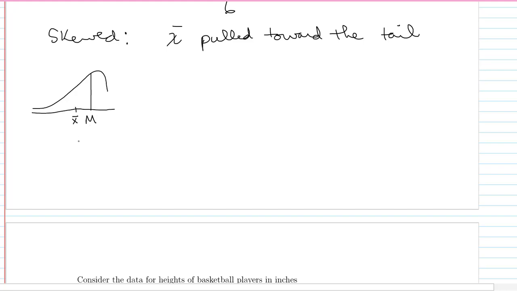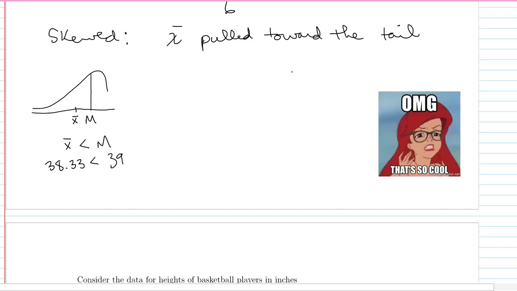So if the distribution is left skewed, your x bar is actually going to be smaller in value than your median. And this is true for booth 1, because our x bar is approximately 38.33 and our median is 39. It's not much of a difference, but it is a difference such that we can say that it's left skewed. And same thing with something that is right skewed.